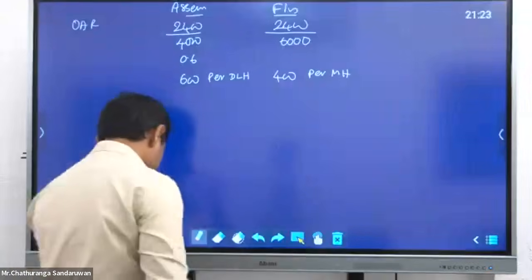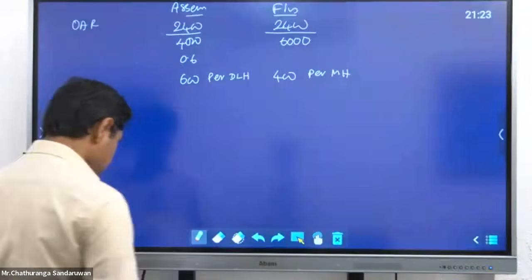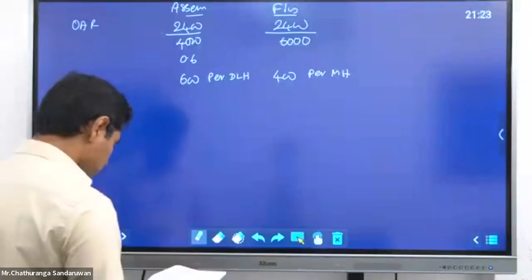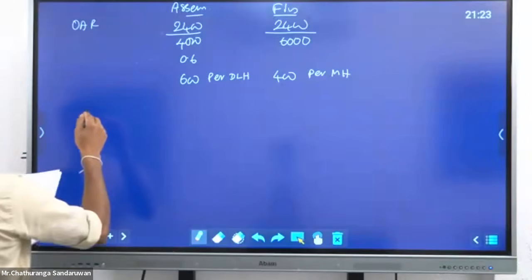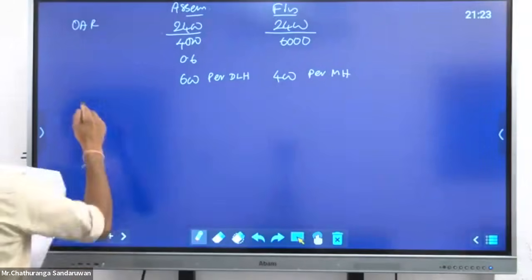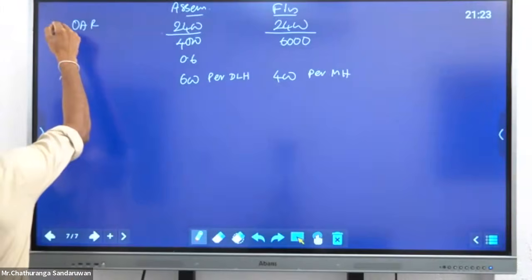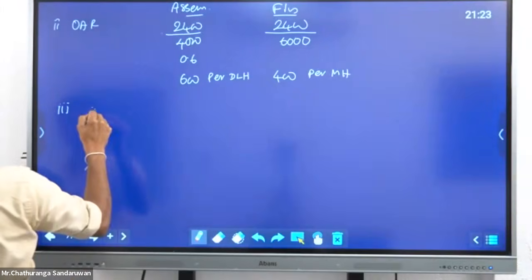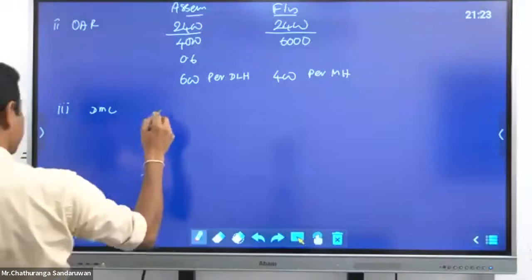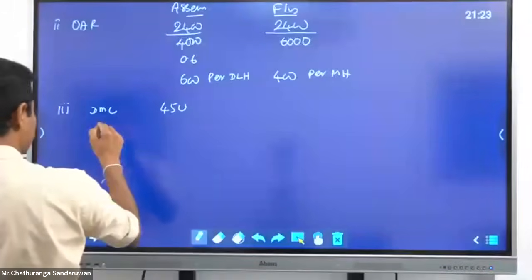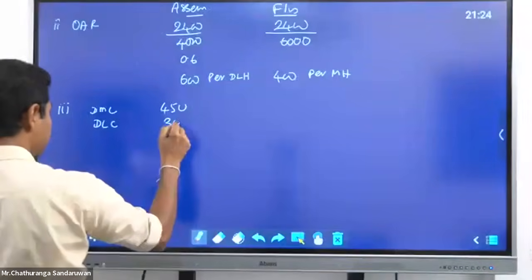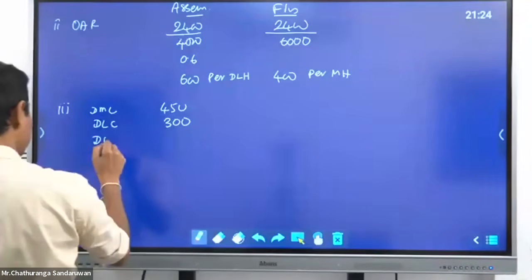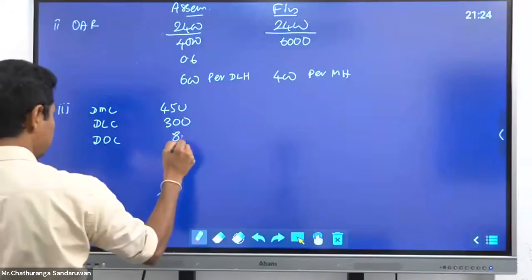Then the next one, they want us to calculate the production cost per unit of product X. Part 3: direct material cost is 450, direct labor cost is 300, direct other cost is 80.